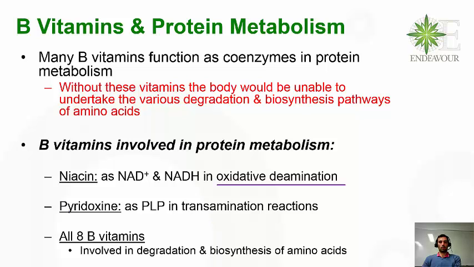Whereas pyridoxine is needed for our transamination reactions, and we also have other B vitamins involved with making amino acids through particular biosynthesis reactions. So these are our non-essential amino acids that are made in this way.